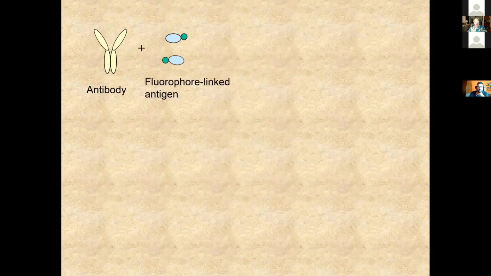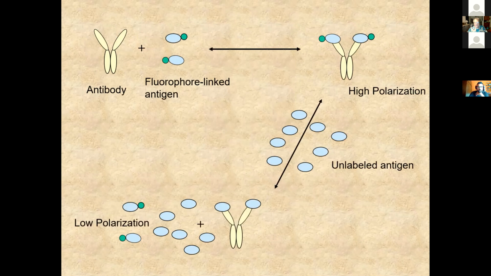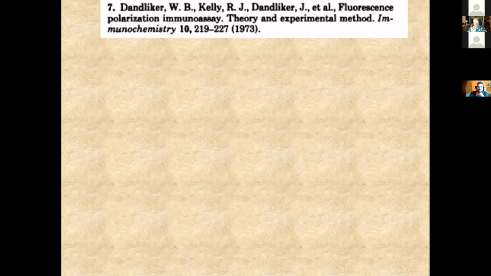This is just shown here simply. So you have an antibody to the fluorophore-labeled antigen, get a high polarization, you add the unlabeled antigen, and it displaces it by mass action, and the polarization drops. So it's very easy, and in radioisotope work you'd have to isolate pure free and bound. You don't even have to do that. This method was introduced by Dandliker originally.